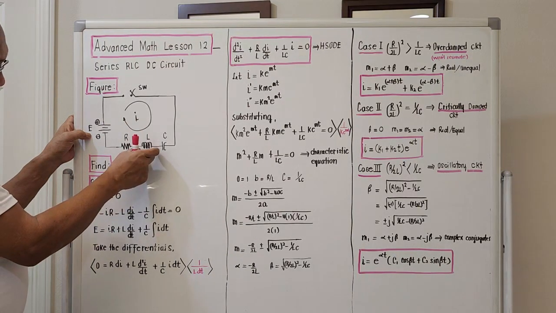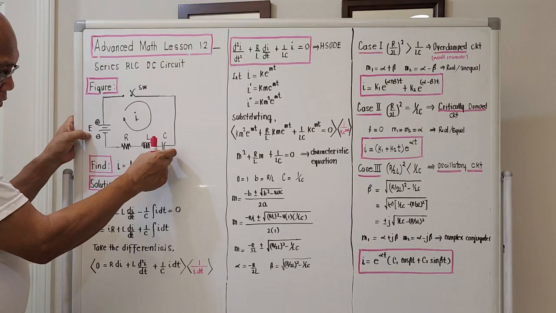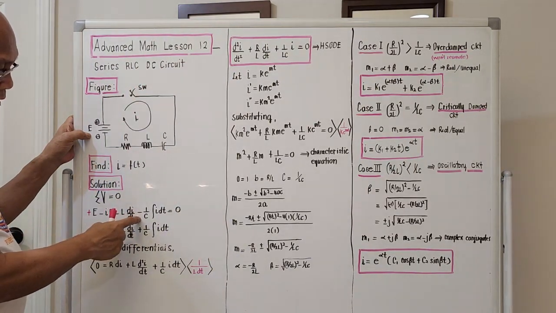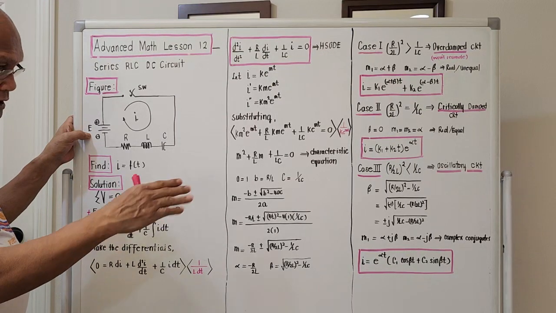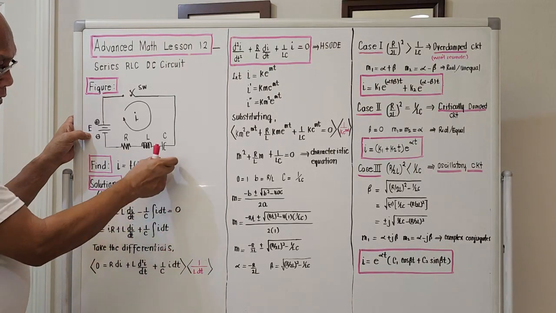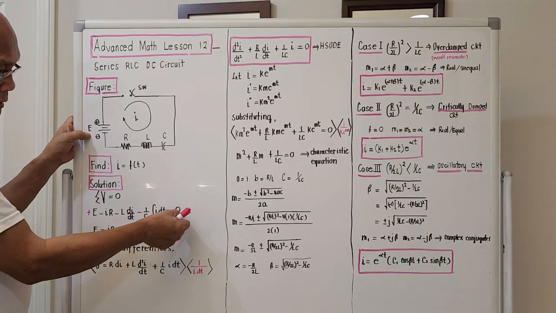The voltage drop across the inductance is also a voltage drop, so this should be a negative L di/dt. And the voltage across the capacitance is a voltage drop, so this should be negative again. As discussed in lesson number 11, the voltage across the capacitor is 1 over C, the integral of I dt. And this should be equal to 0.